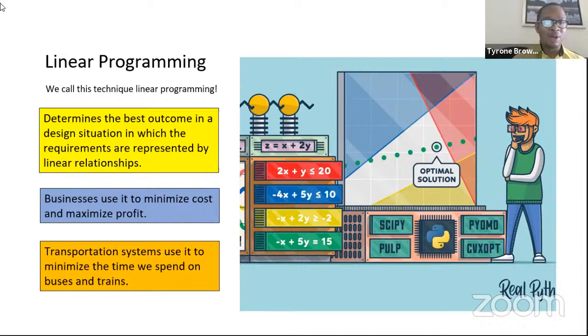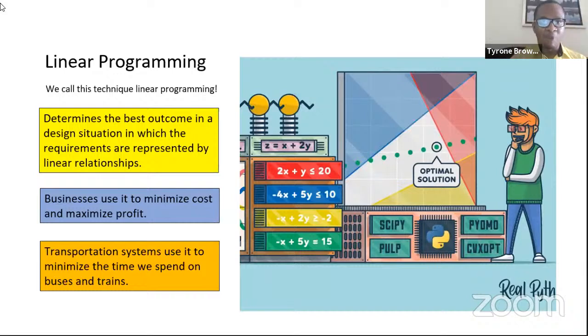So let us formalize the whole concept of linear programming, what it is about, and what it is used for. So basically, linear programming determines the best outcome based on the linear relationships and the requirements that are represented by those relationships. And that's basically speaking to your inequalities that we would have been modeling earlier.